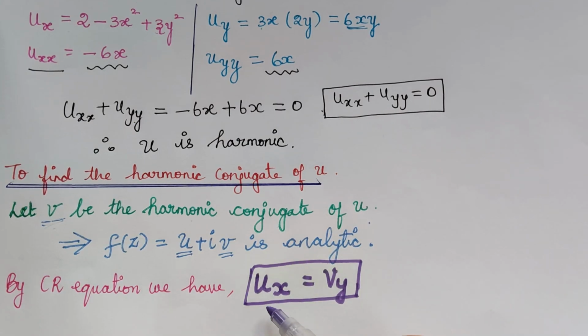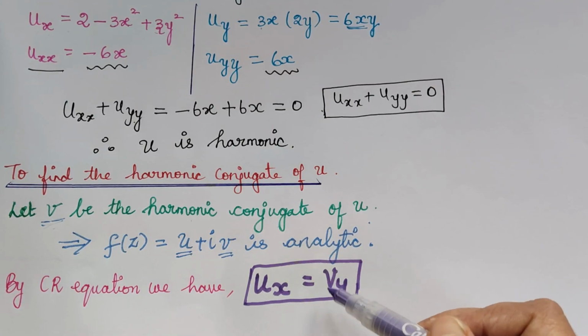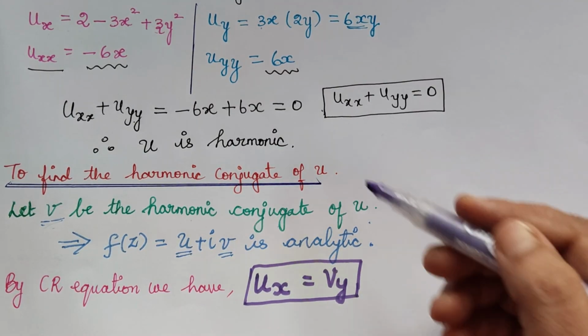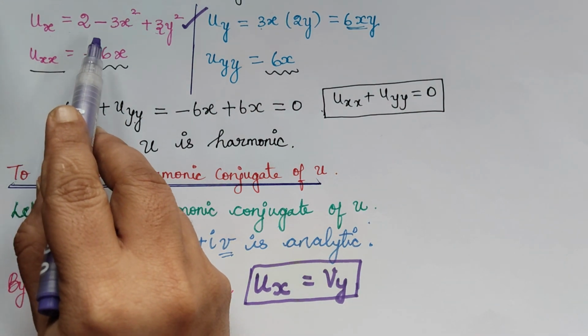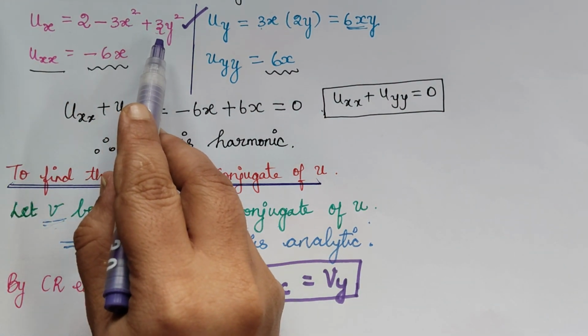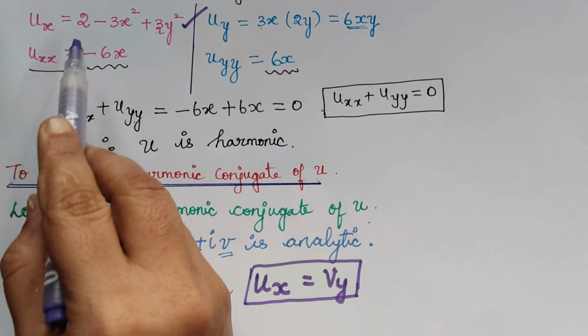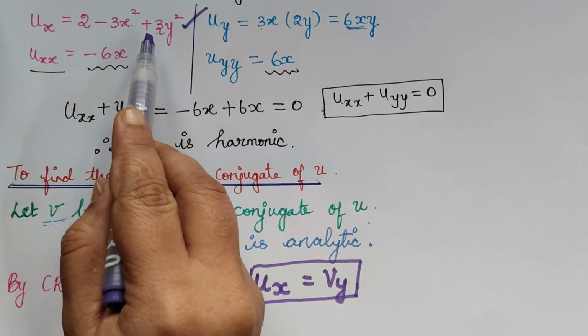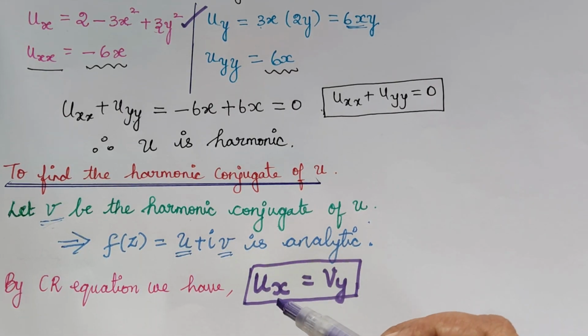Now we have already found ux, so making use of that, we can equate it to vy. Ux we have found here: ux is equal to 2 minus 3x square plus 3y square. So we can write that vy is equal to 2 minus 3x square plus 3y square, because we know that vy is equal to ux.